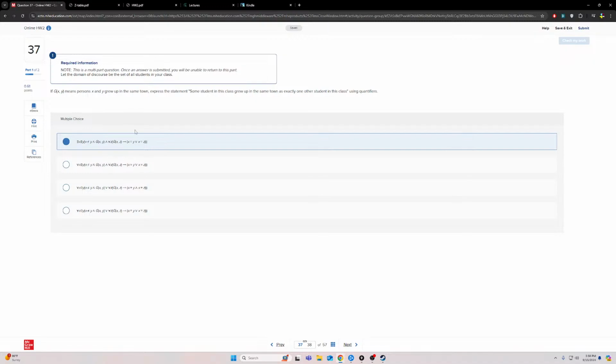And for all students, and for all student Z's, if student X and student Z grew up in the same town, then student X is equal to student Y, or student X is equal to student Z.